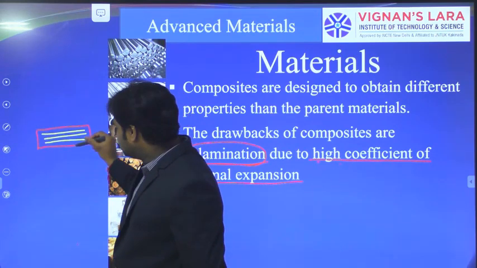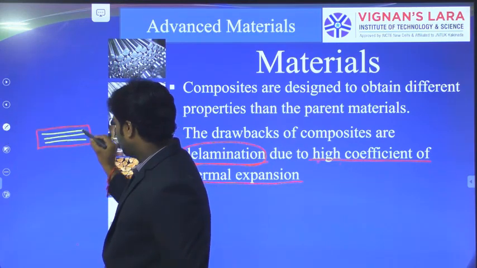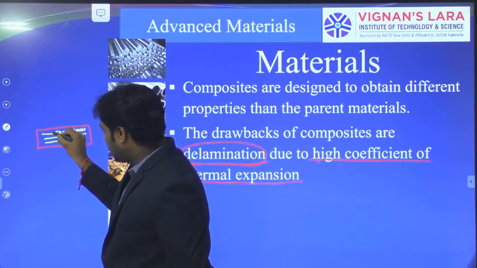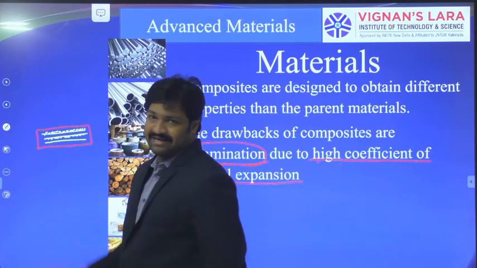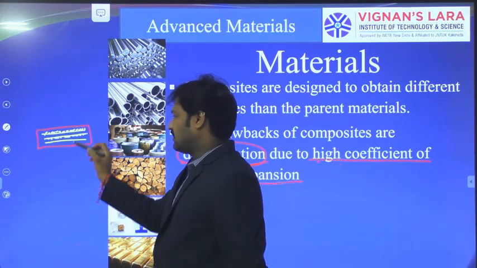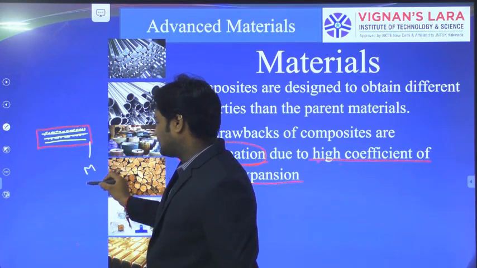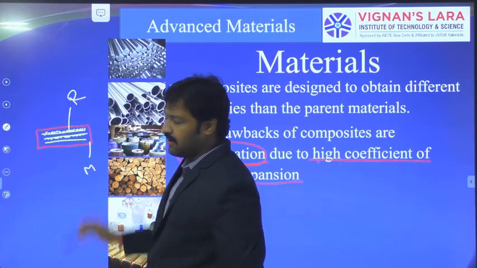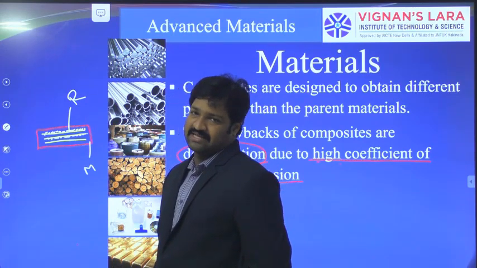So here there is bonding between these two materials. The reinforcement is bonded with the adjacent matrix material, and imagine these are the bonds between the reinforcement and the matrix material. The blue matrix material has some coefficient of expansion, whereas the fibers have a different coefficient of thermal expansion.